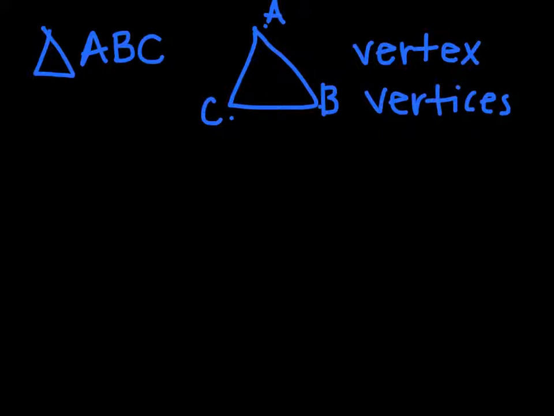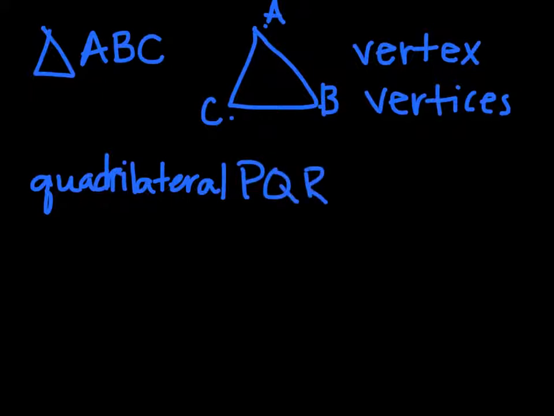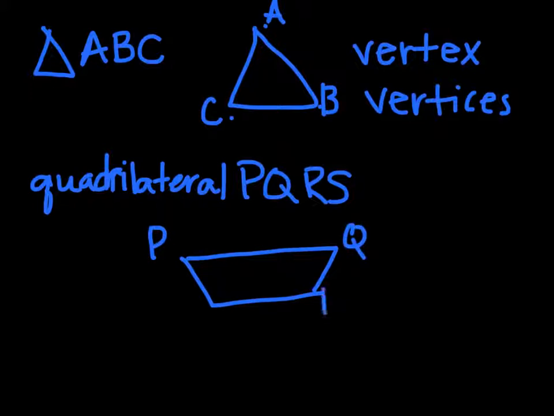A quadrilateral, which we would label as quadrilateral PQRS, which would be a 4-sided shape with vertices P, Q, R, and S.